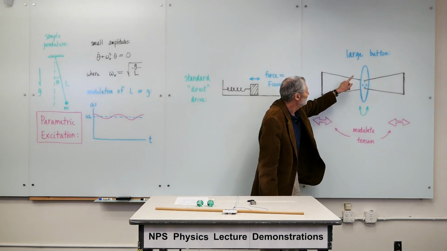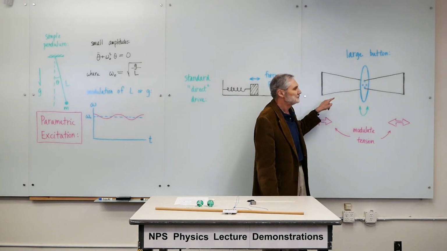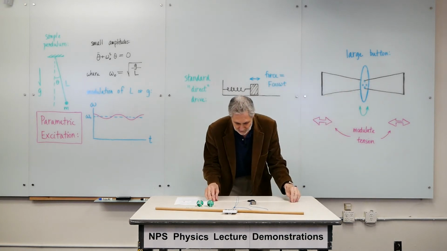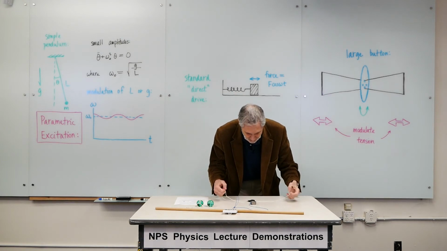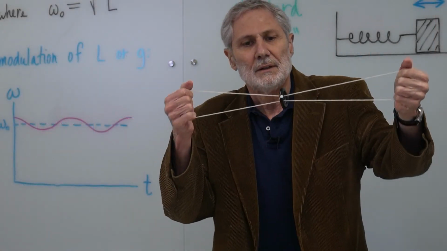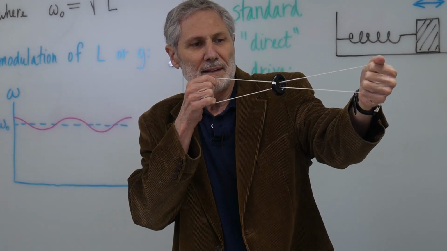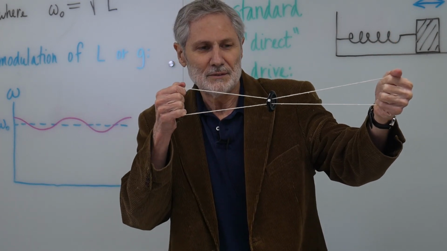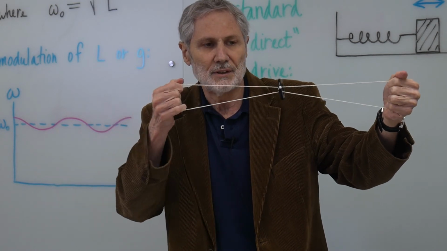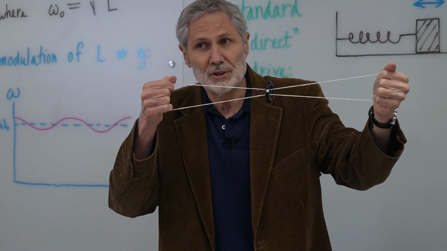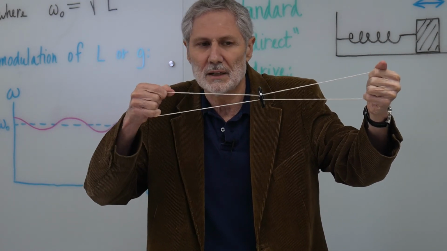This is a large button on a loop of string. All right, and here it is. So here's the button. We put some white out on there so you can see the orientation of the disc there. This is what we call a torsional oscillator, or a spinning oscillator.